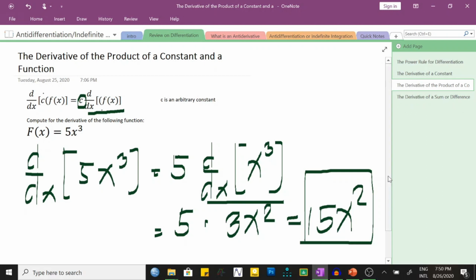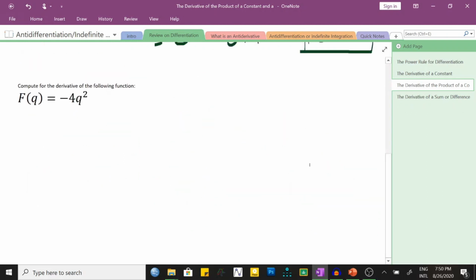Let's have another example for this. You have f of q equal to negative 4q squared. You have a different independent variable again, it's q, but the application of that rule is still applicable.